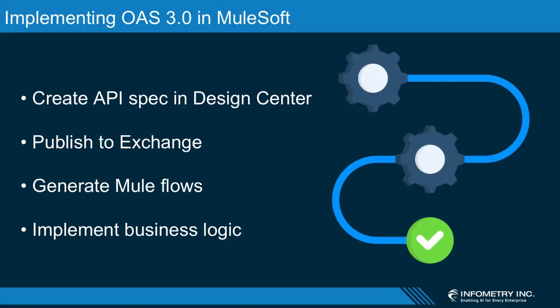What does this include? This creates listeners, routers, and basic scaffolding automatically. That includes the requests and responses that we added in this spec, which can also be seen in Studio while we're generating the flows from OAS. Then implementing business logic. Developers can add transformations and integration logic according to our requirements.